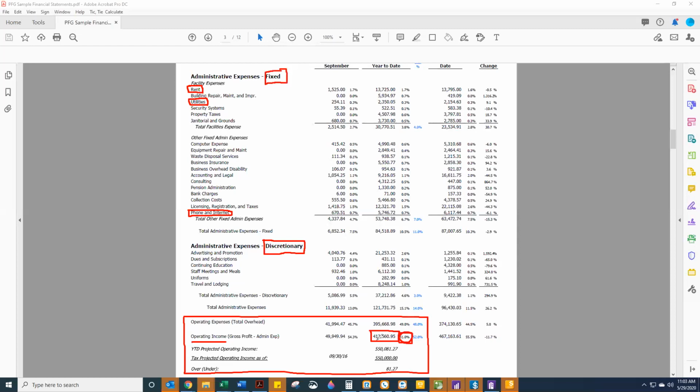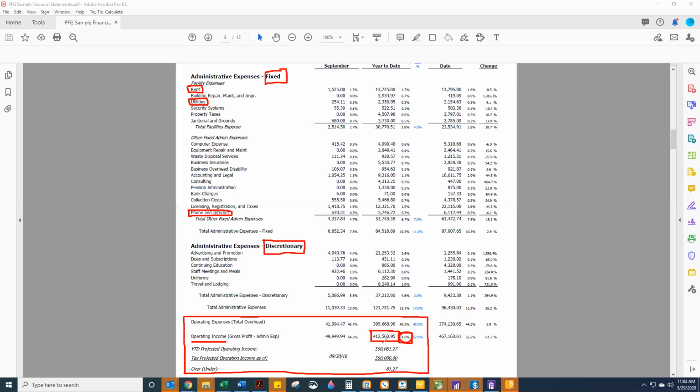The other reason this number, operating income, is very important is because your taxes are based on this number. Remember, you're an S Corp owner. Whatever income is generated at the S Corp is passed down to you personally, and that's what you pay your tax on.